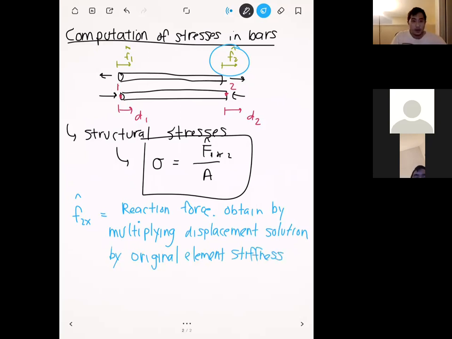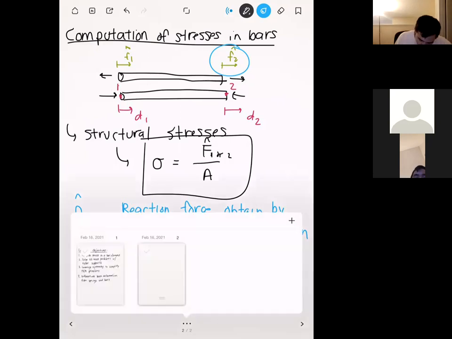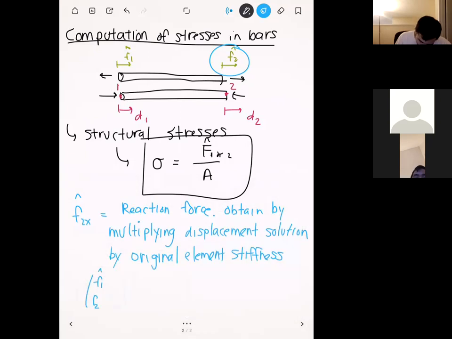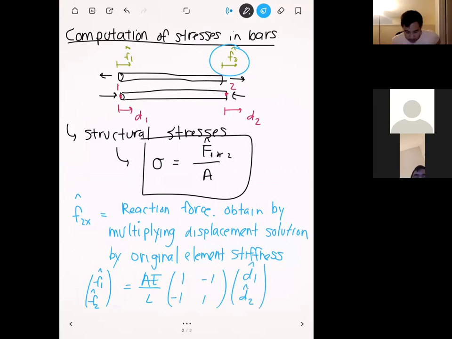Mathematically, we said that F1 hat, F2 hat is equal to K, where K is AE over L times the matrix [1, -1; -1, 1], times D1 hat and D2 hat.